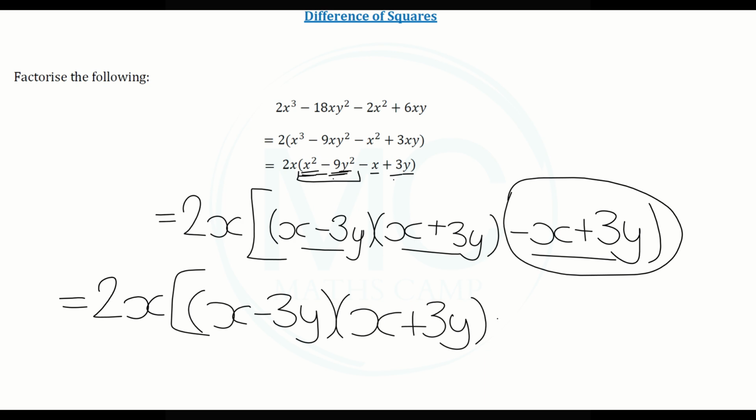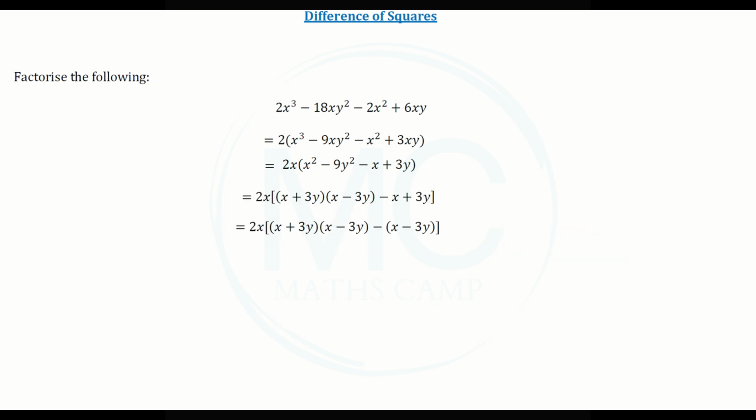So let's put in a minus sign, open a bracket, negative x divided by negative 1 leaves us with x, and 3y divided by negative 1 leaves us with negative 3y. Now we have x plus 3y, x minus 3y, and x minus 3y again. So we can take this bracket out as a common factor.